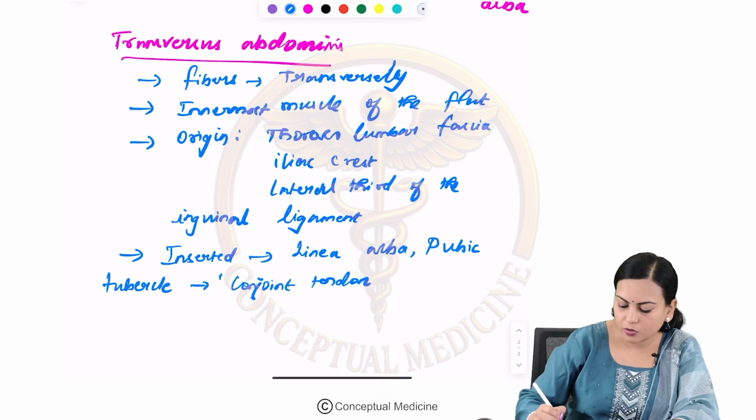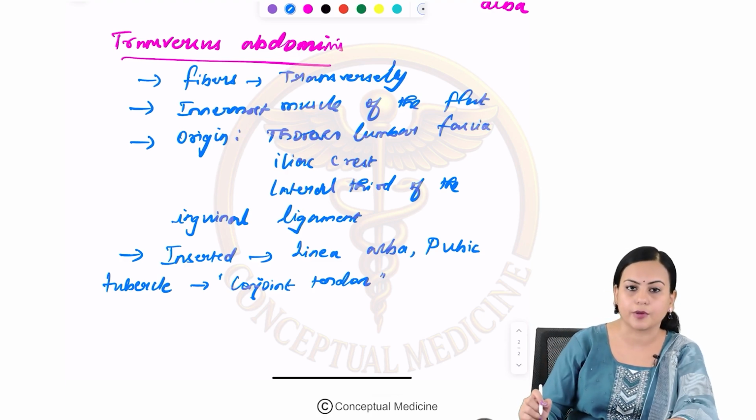So, this is how the muscle is getting inserted into the linea alba and the pubic crest.